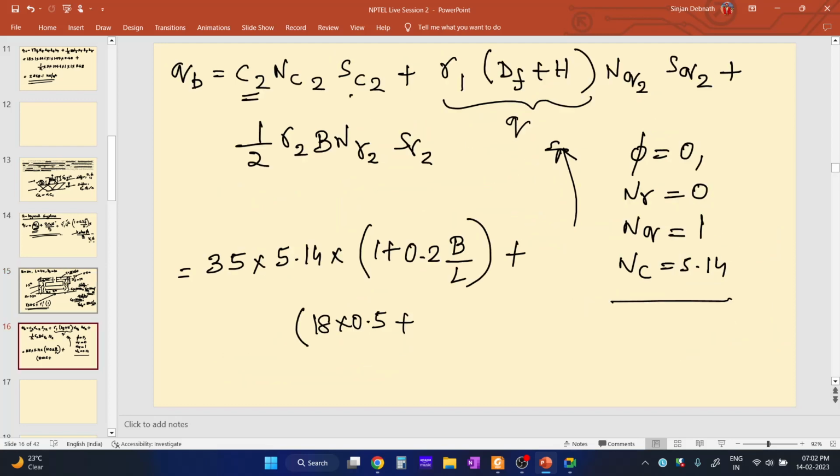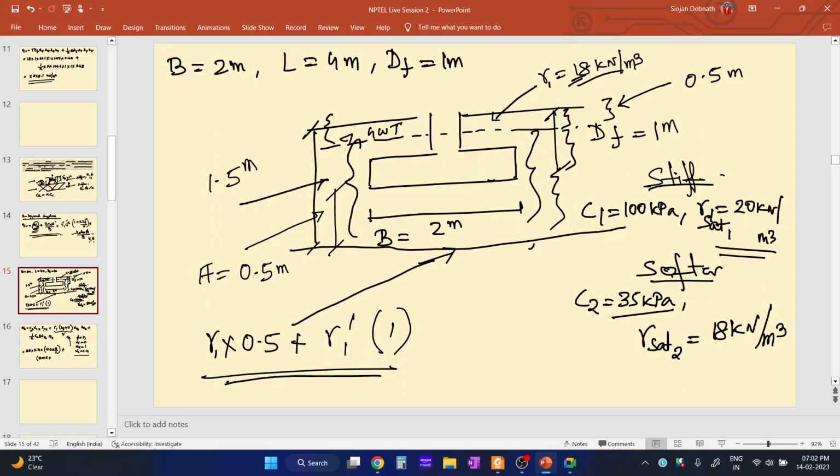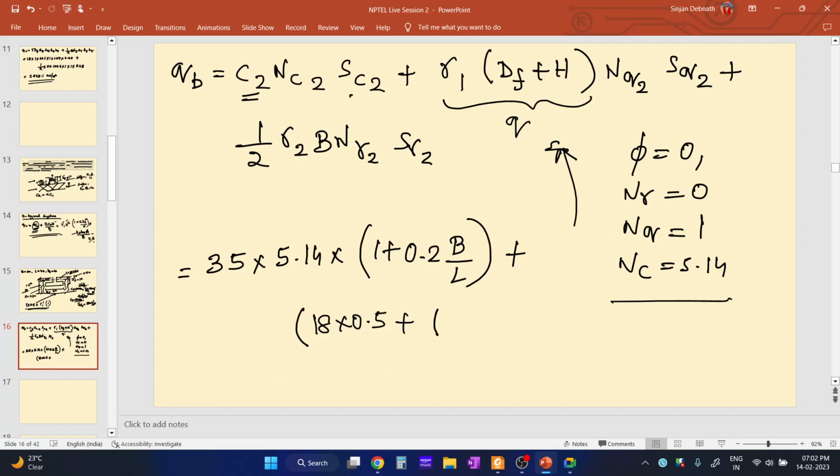The thickness of this part is 1 meter, below the groundwater table up to the top of the second layer. So that means 20 minus 10 into 1. This is the value of Q. And what is the value of NQ? It is 1.